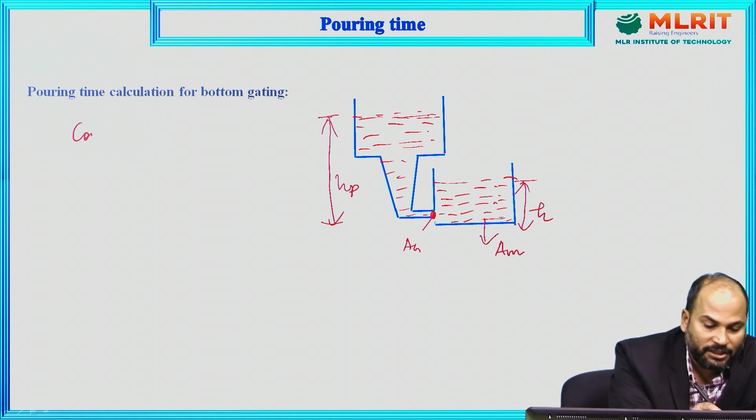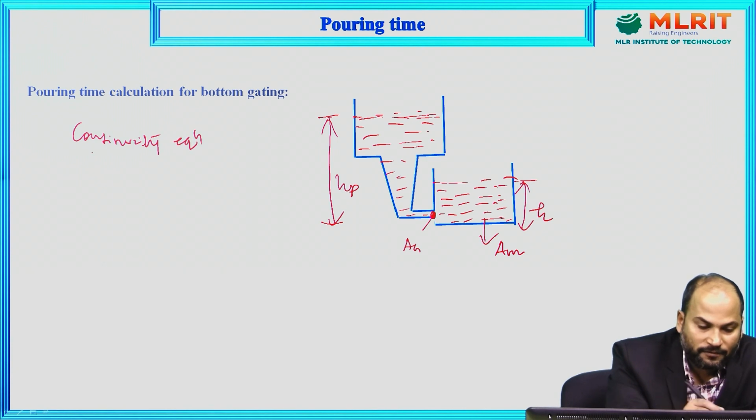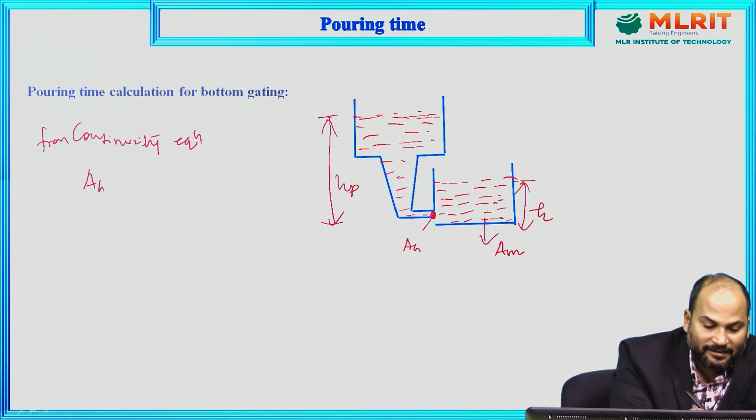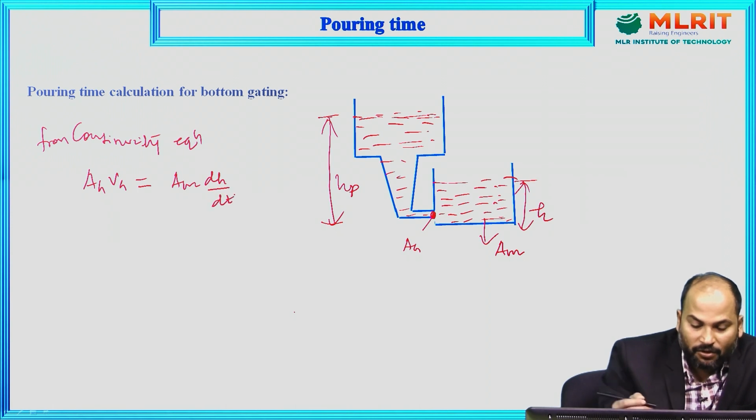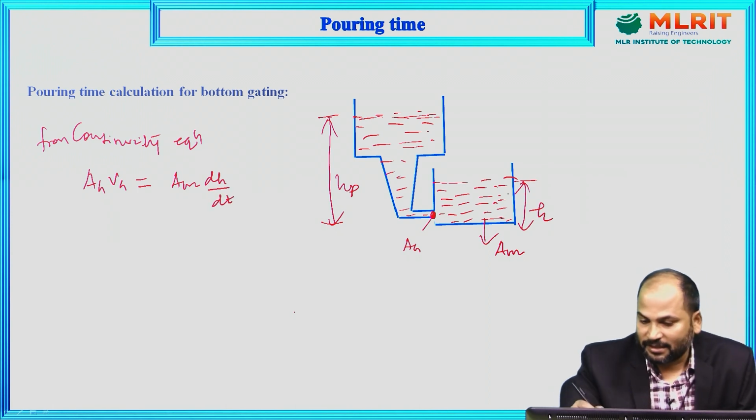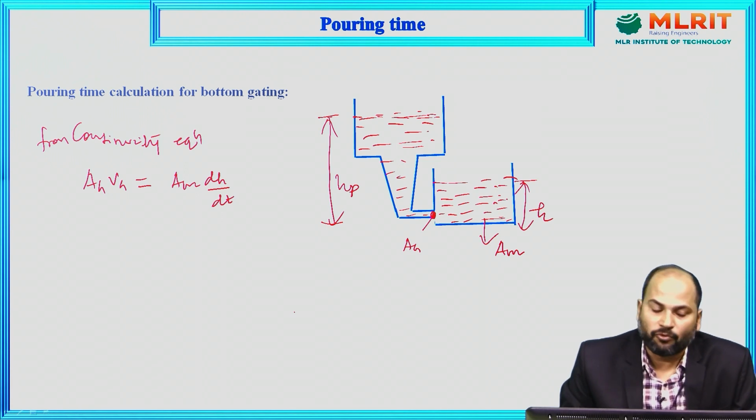So if we apply the continuity equation, from the continuity equation we can write area of the gate and velocity at the gate, AG into VG, will be equal to the area of the mold cavity, AM, into dH upon dt, the rate at which this height is changing in the mold cavity.